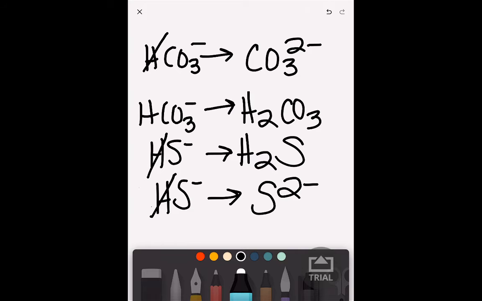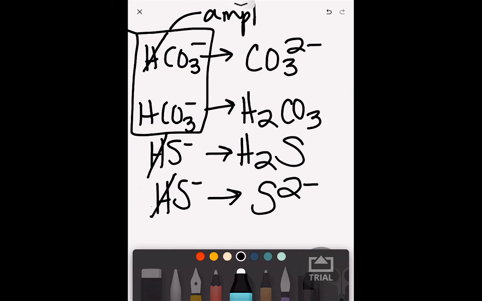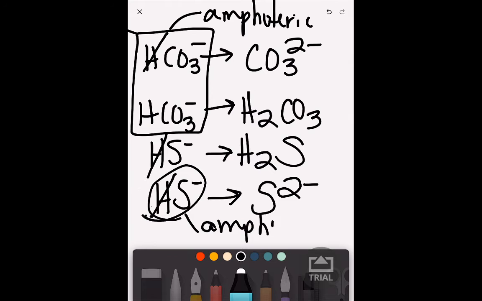So these two can be either one. HCO3 minus is amphoteric. It could be an acid or a base. Again, so could HS minus. HS minus is amphoteric. It can gain 1 and become neutral, but it could also lose 1 and become S2 minus, which is the sulfide ion. This is the carbonate ion.